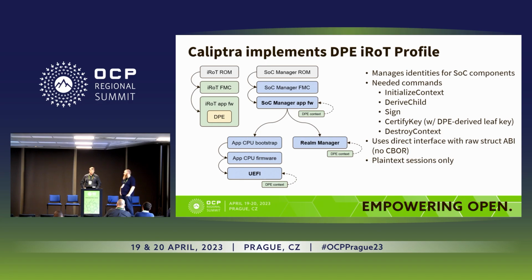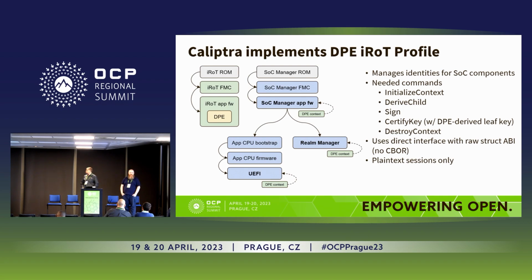As it is implemented today, it's a direct interface. There's this raw struct ABI, no CBOR, pretty simple. And it's available today if you go to the GitHub repository. The DPE repo has both the implementation and a simulator. And it becomes obvious that this being an API, the simulator is just a Unix socket that you can interact with, load your context and play with the signatures and stuff like that.